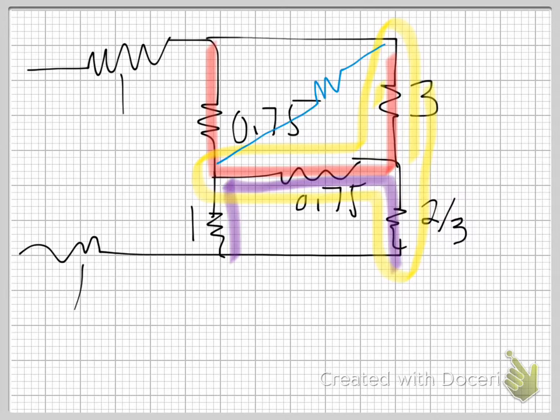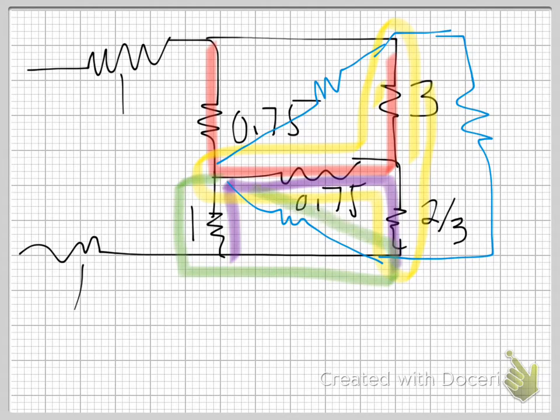We get that guy there. We get that guy there. We got that guy there. Okay, so that is what the situation will look like. Then we will end up with, in green, these in parallel.